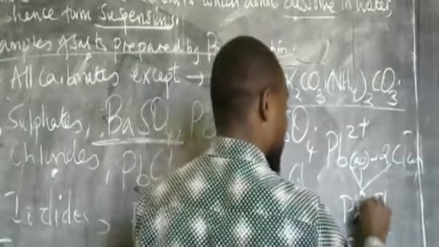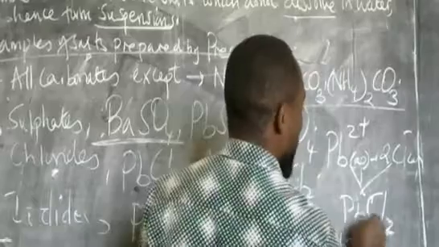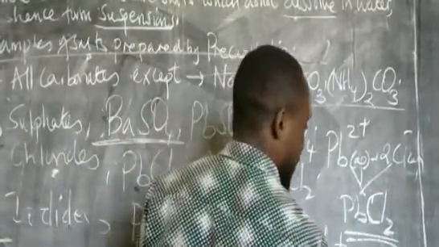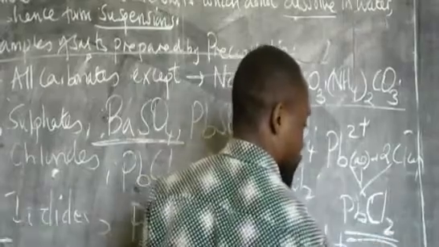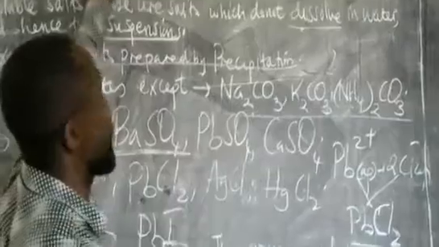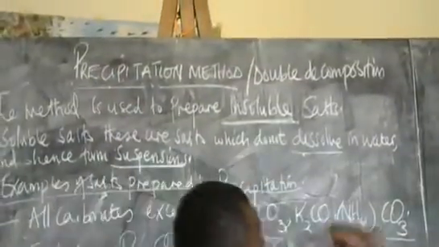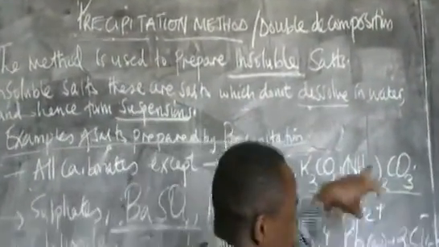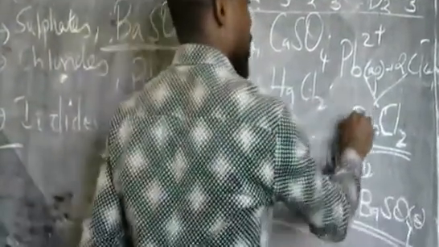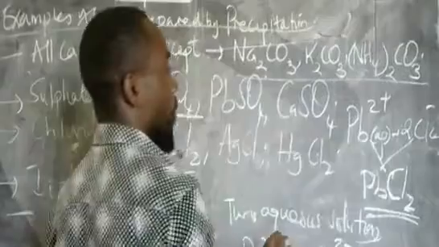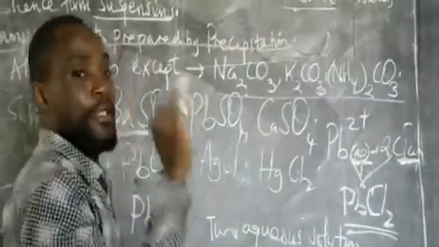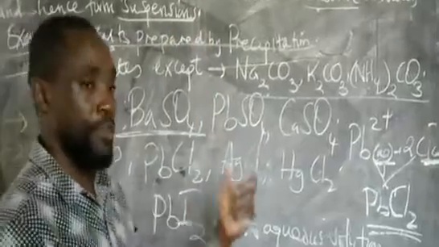But since lead 2 chloride is insoluble, it comes out as a solid product. Barium sulfate, being insoluble, comes out as a solid product. That's why the method is said to be precipitation, because these salts are obtained as precipitates. Why precipitates? Because they are solid products obtained when 2 aqueous solutions are set to react. So that product is what we call a precipitate.